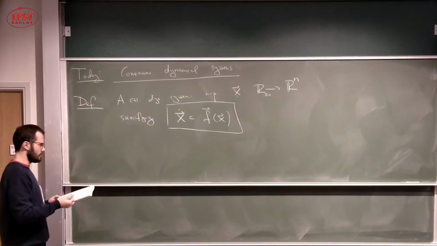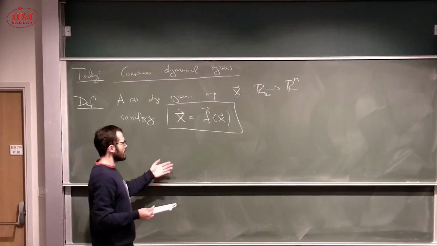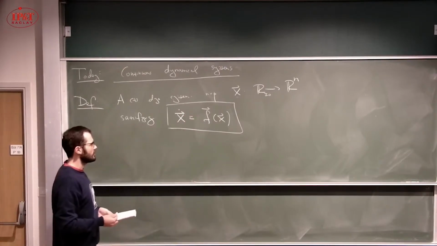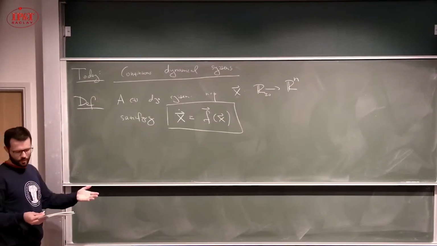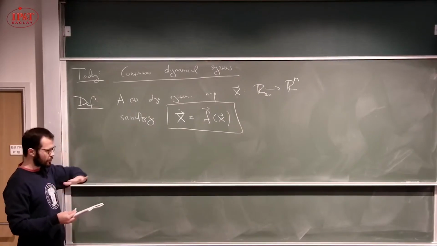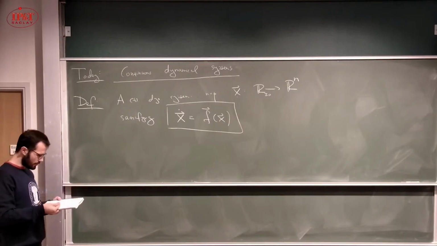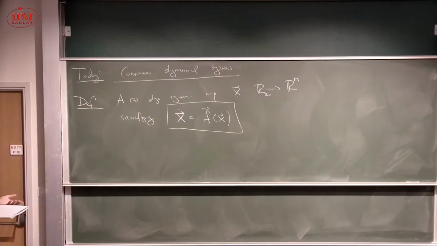For example, one important feature is chaos, which is the statement that for a class of such dynamical systems, the evolution of x as a function of time depends very strongly on the initial conditions. If we change the initial condition a little bit, the evolution in the far future is going to change dramatically.